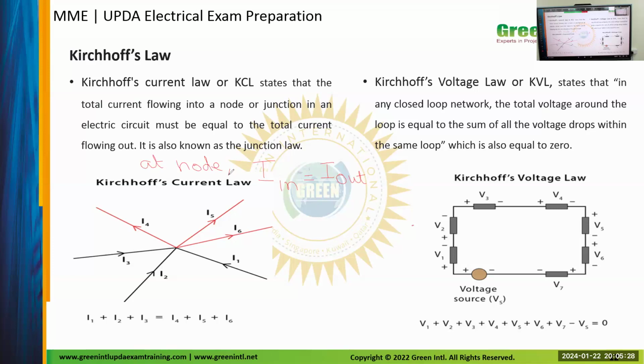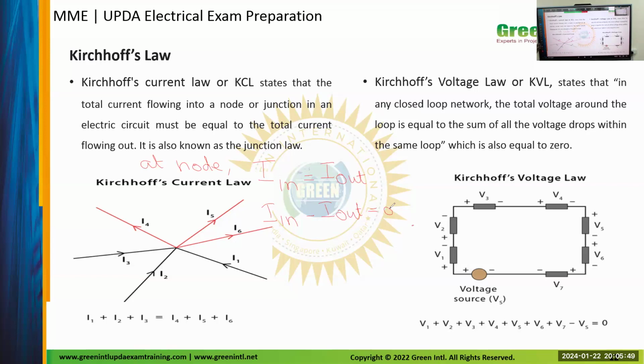Simply, Kirchhoff's current law at a node point: the current entering is equal to the current leaving. Or we may say sum of I in minus sum of I out, depending upon the problem. So in this way we write the equation.